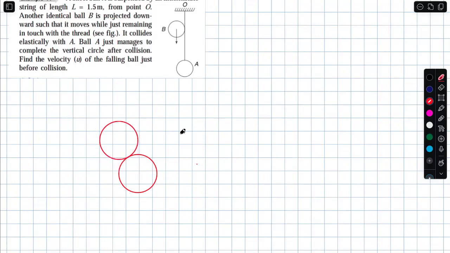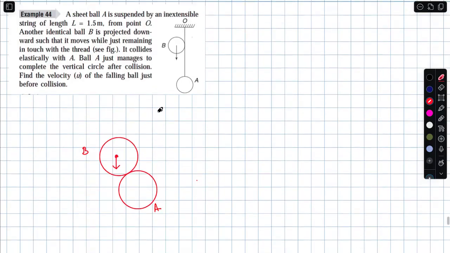This is the situation at the time of collision. That is V, just before collision.